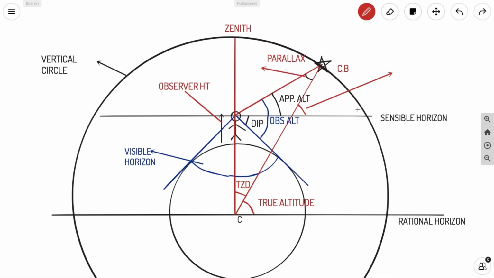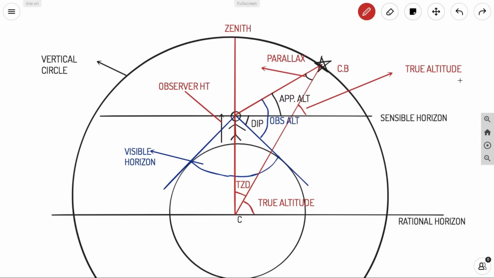So in this diagram, as we know, sensible horizon is parallel to rational horizon, and this line from center of earth to celestial body is cutting these two parallel lines. So we can say this angle true altitude and this angle are corresponding angles. So since this is true altitude, this angle is also true altitude.